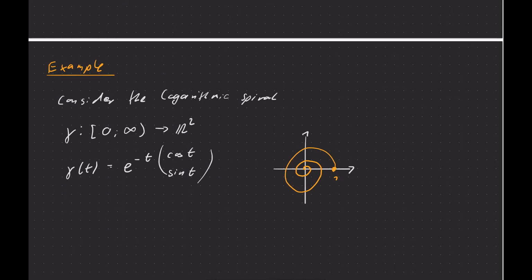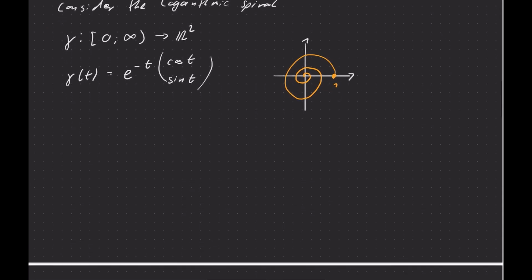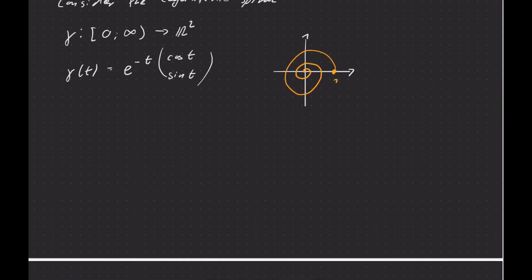Okay, so we want to compute the curve length of this spiral here. To do that, we first need to determine the derivative of gamma. Gamma prime, gamma dot. That is minus e to the minus t cosine t minus e to the minus t sine t for the first row.